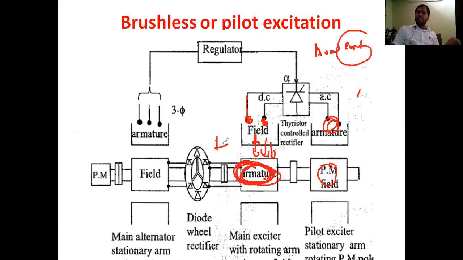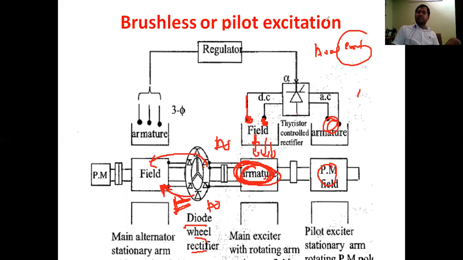This induced AC of the armature will be converted, look at this one, by a diode bridge rectifier. This rectifier will convert AC into DC. This DC is given directly to the field winding.